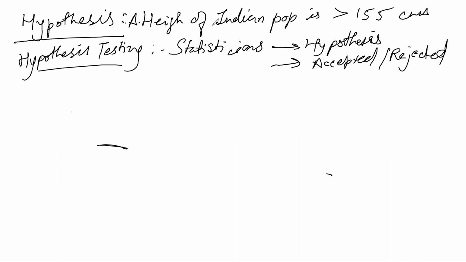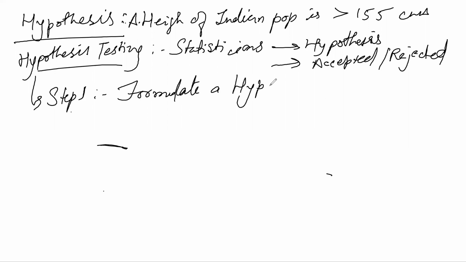So to do a hypothesis testing, we basically have the following steps. Let me write down the steps. Step one, first is formulate a hypothesis, right? So this is what we did on top.